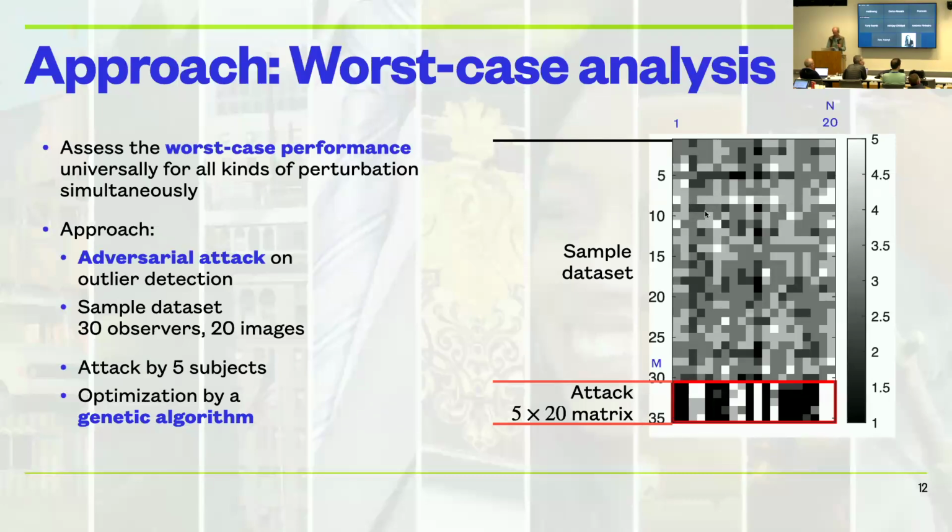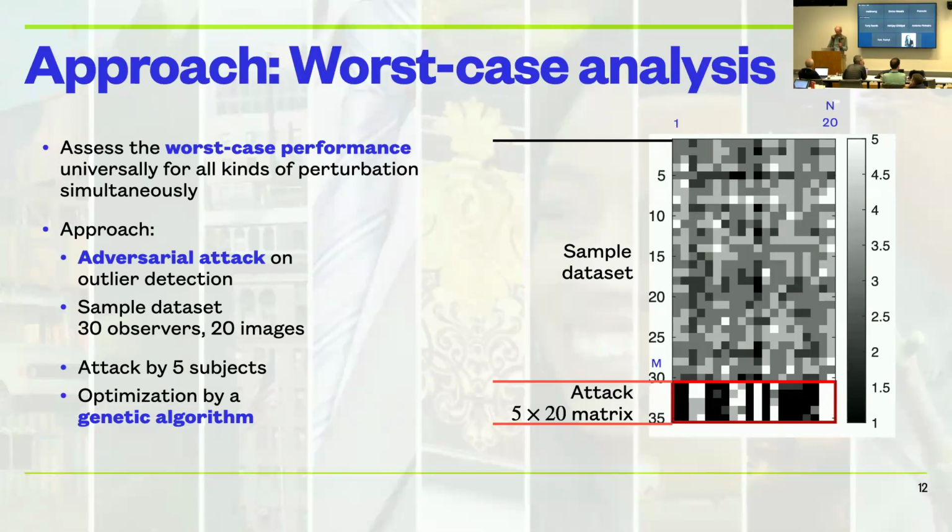So we have a sample data set, let's say of 30 subjects and 20 images. So it's a full design here. The ratings are displayed in this way in this visualization. And then there's an attack of 5 attackers. So it's essentially a 5 by 20 matrix of numbers from 1 to 5 in an ACR experiment.